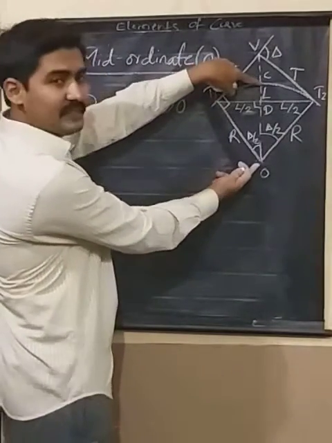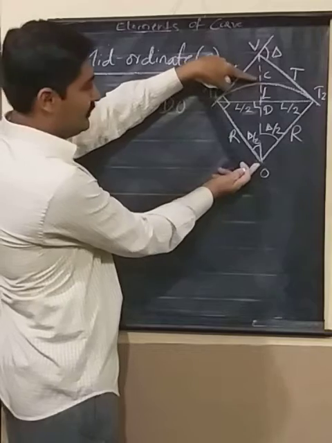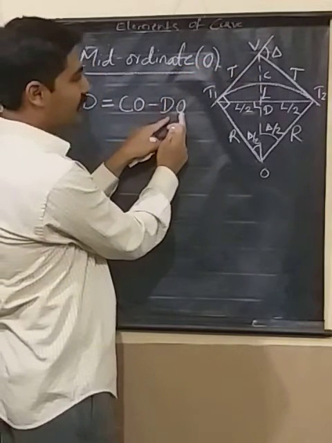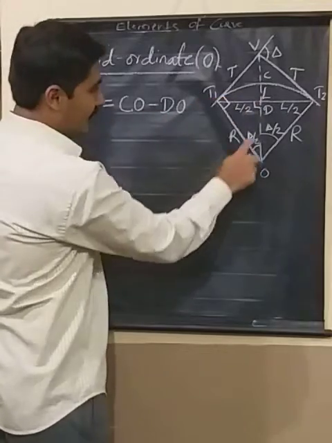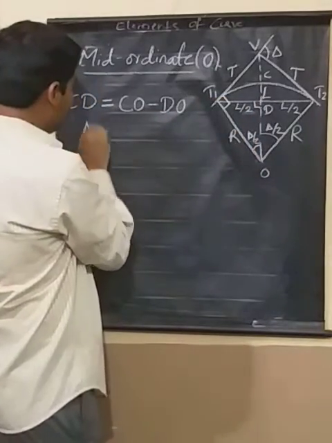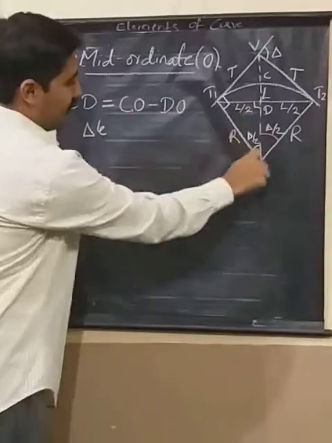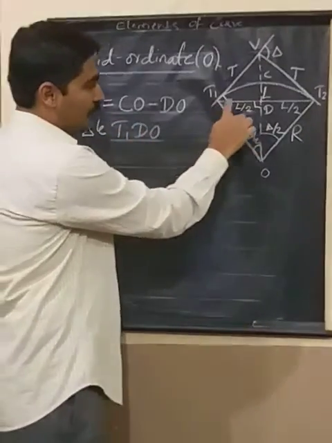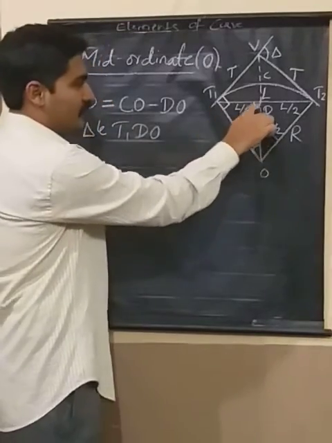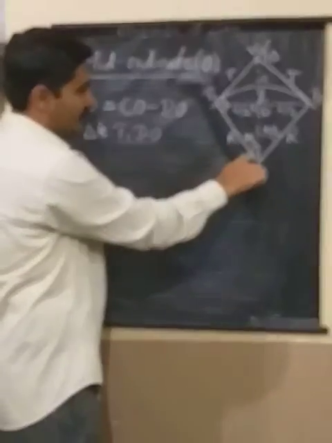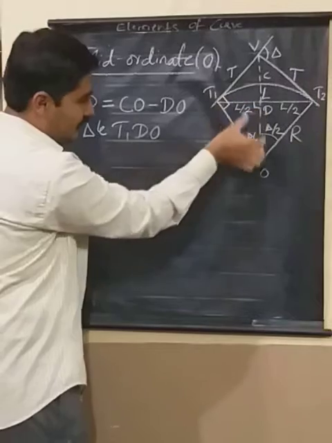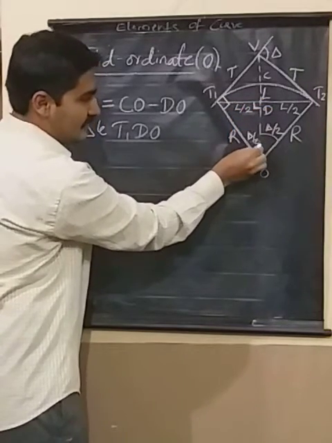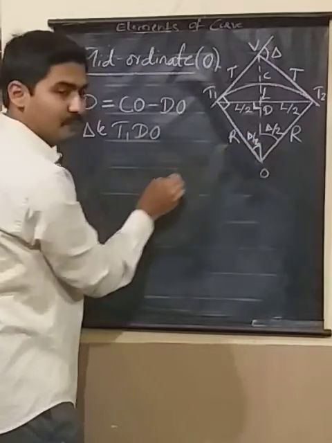CO is once again radius, isn't it? CO, this length is radius. So this is R. DO I am supposed to find out, and to find out this DO I am going to use triangle T1DO, right? Using this right angle triangle, T1DO has got 90 degree here, and this is the angle delta by 2, right?